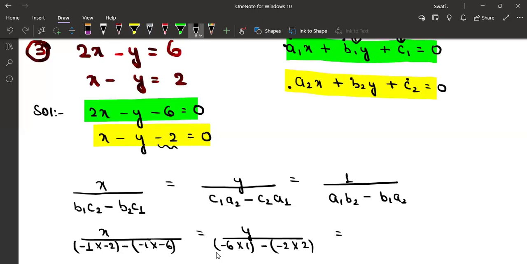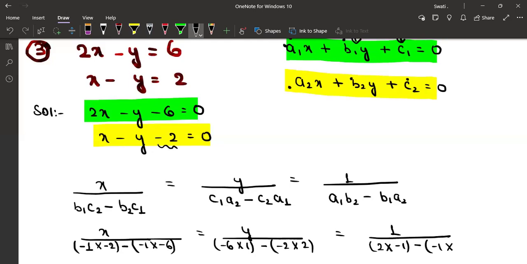Equals. B2 is minus 1, very good. Minus. B1 is -1, into A2. A2 is -1.